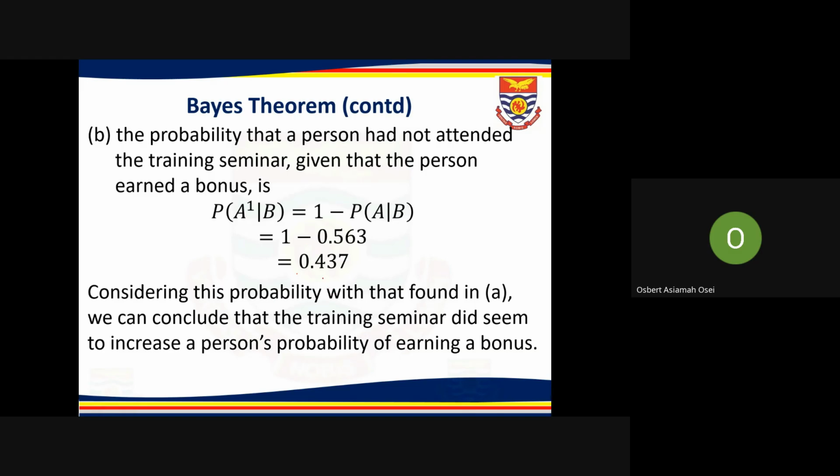We can conclude that the training seminar did seem to increase a person's probability of earning a bonus. This is because those who had attended the seminar and earned the bonus had their probability higher than that of those who had not attended the seminar, given that the person earned a bonus.